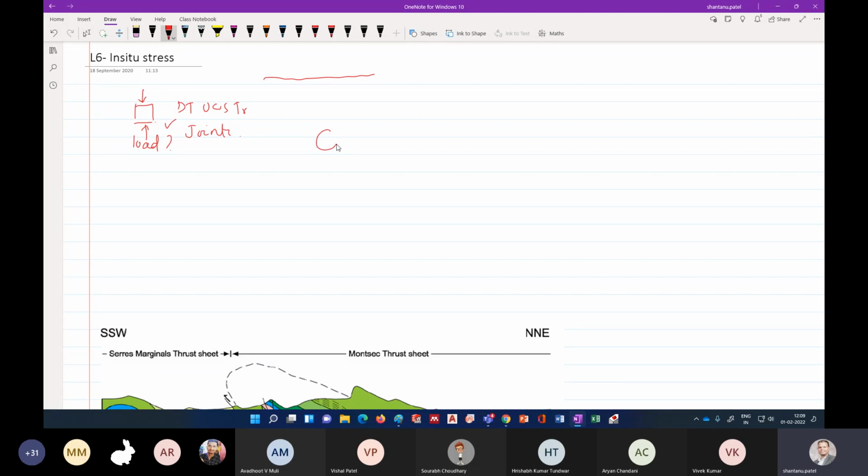Let's say we are creating this tunnel at a depth of 250 meters with the same kind of rock properties. So the rock here has, for example, a UCS of 150 MPa.